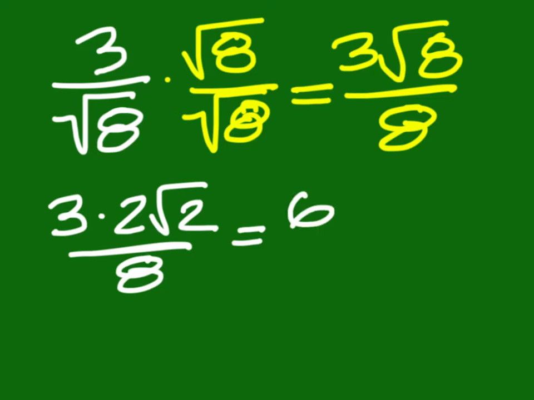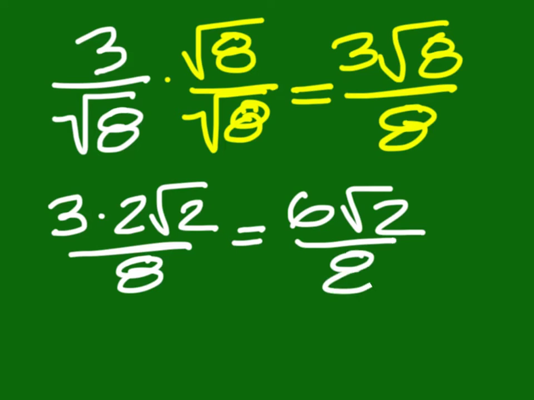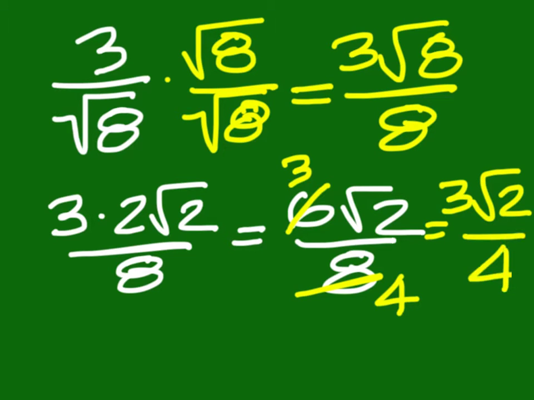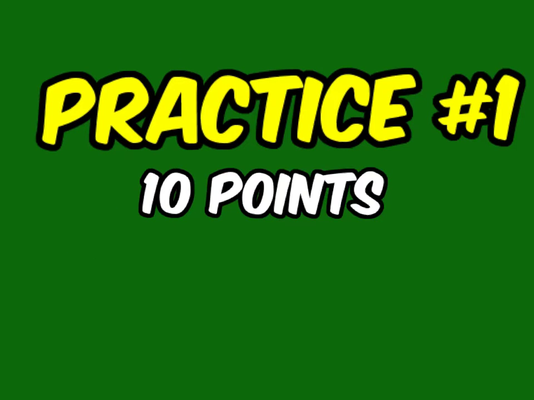And that comes out to be 6 square root of 2 over 8. And then from there you can simplify 2 into this 3 times, into this 4 times, and then you'll have 3 square root of 2 over 4. Try this one and bring it up.